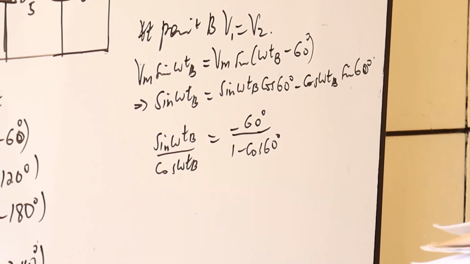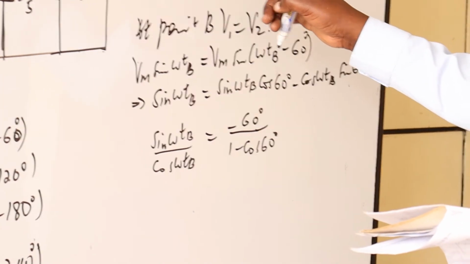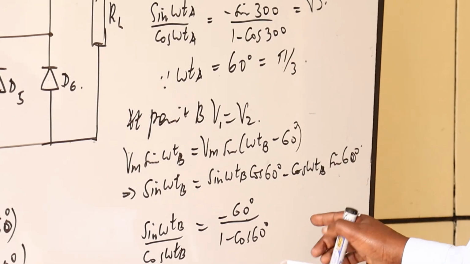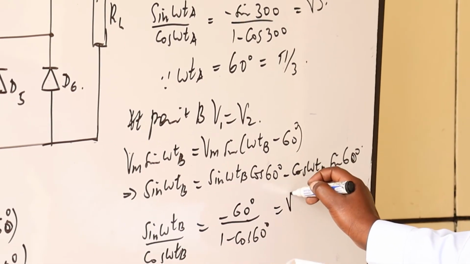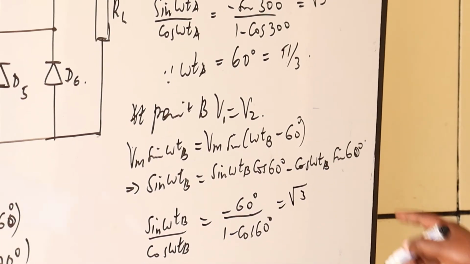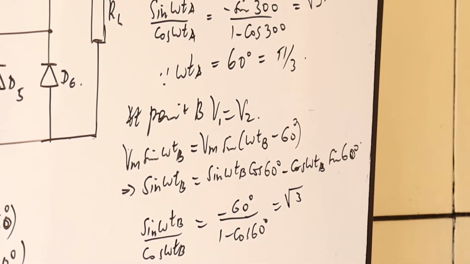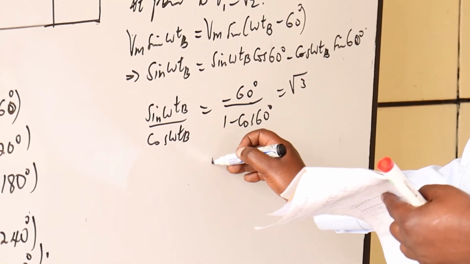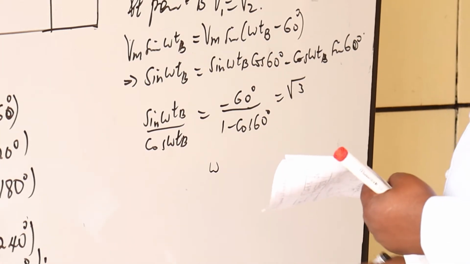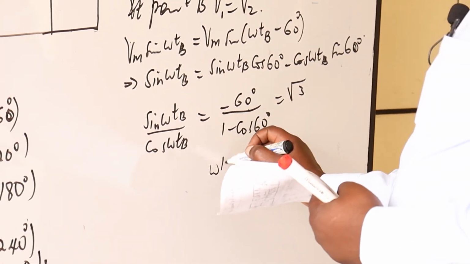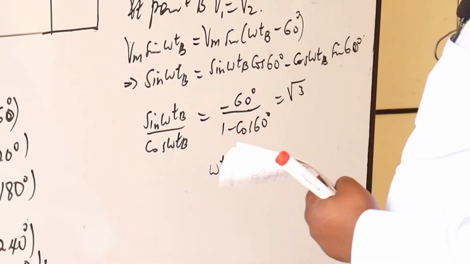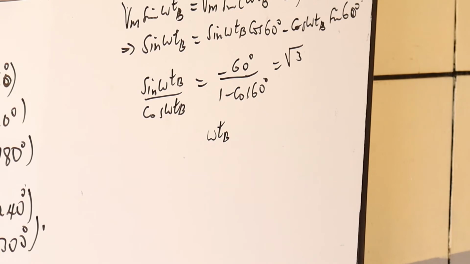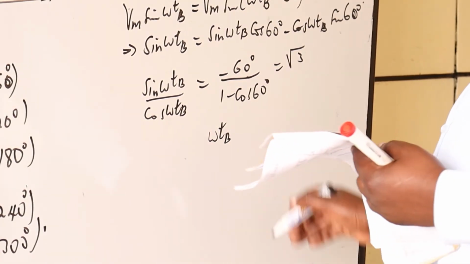So you could see the lower limit we had was pi over 3. But we know if we get tan inverse root 3 again, now we shall take 150. So omega t at point B, tan inverse of that, because we know tan is positive in 2 quadrants.